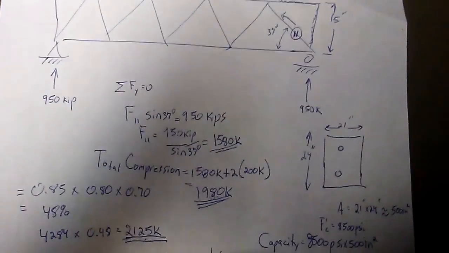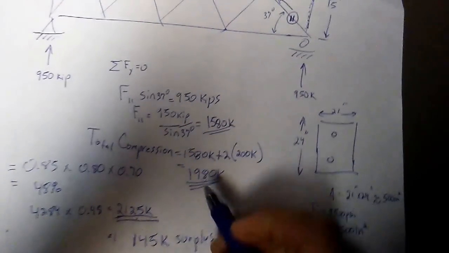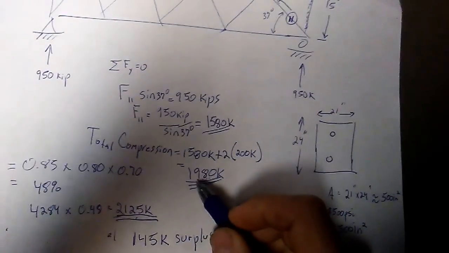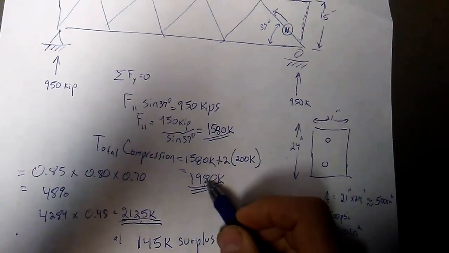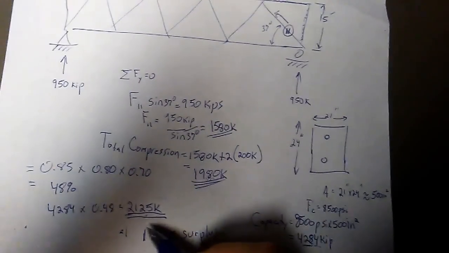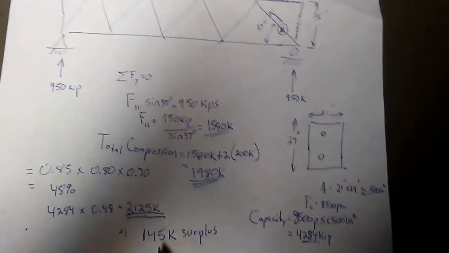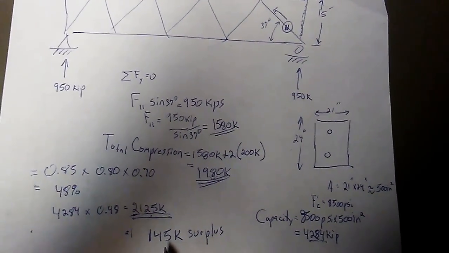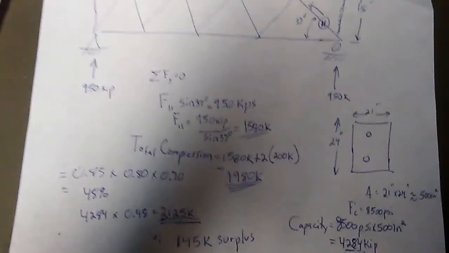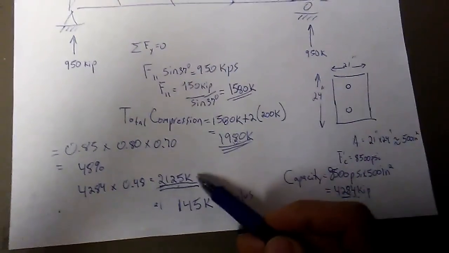If I were to add more than 145 kips to my compression force in my member, I would be exceeding my capacity at that point, and I would actually fail my design.